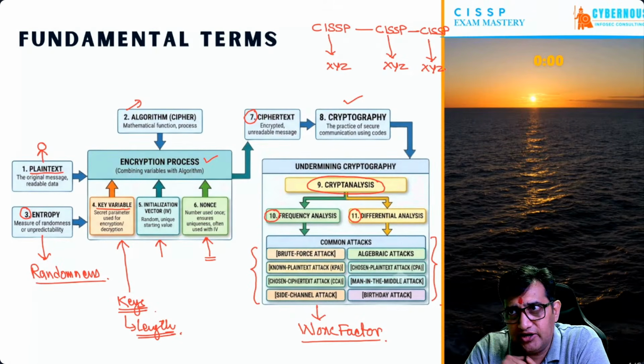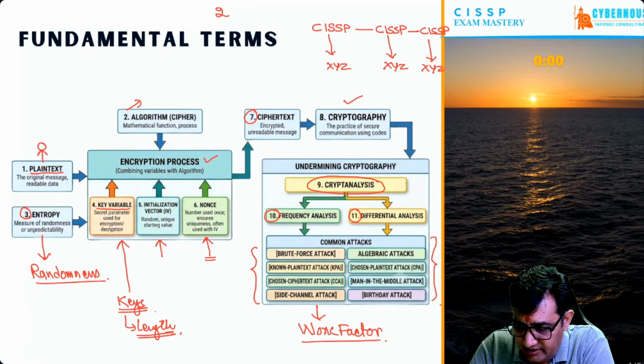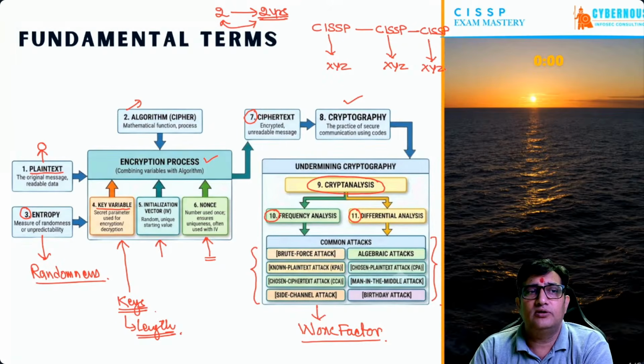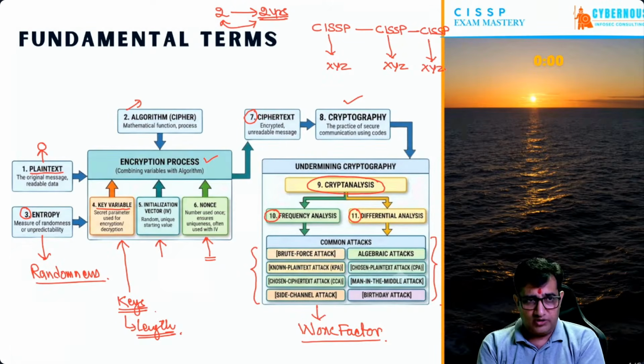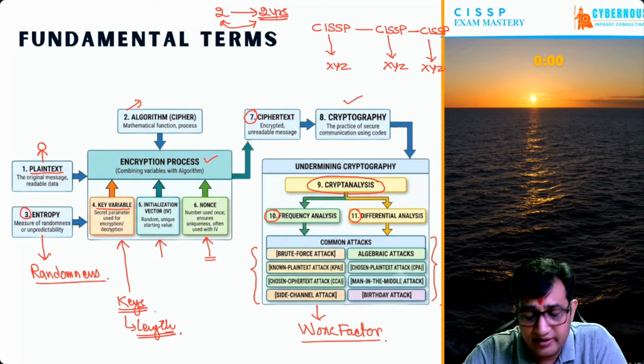Let's say you are doing a transaction just for 2 seconds, and it is going to take 2 years for an attacker to break it. That means there is sufficient work factor there. The moment this work factor drops, that means it is not good. The cryptography is not secure enough, and then we have to switch over to the next kind of algorithm, the next cipher.